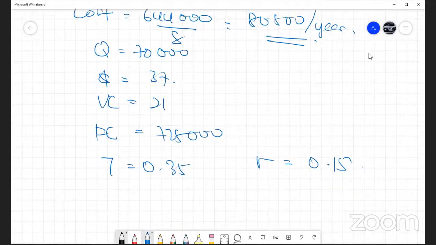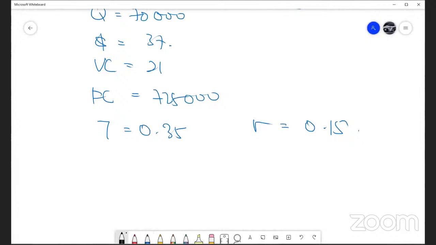So now, the first question: calculate the accounting break-even point. To calculate the accounting break-even point, you see how much quantity you need to sell to break even. Is it within the 70,000 or what? That's something that we need to find out.